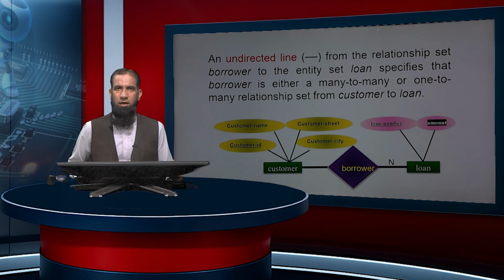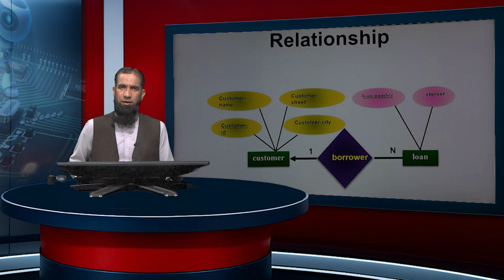In the ER diagram, we show this by drawing a line from the relationship set borrower to the loan entity with an arrow pointing towards loan. This arrow clearly represents that for every loan there is one and only one customer, while on the customer side there may be multiple. If the relationship set borrower were one to one, then both sides of the relationships are restricted.